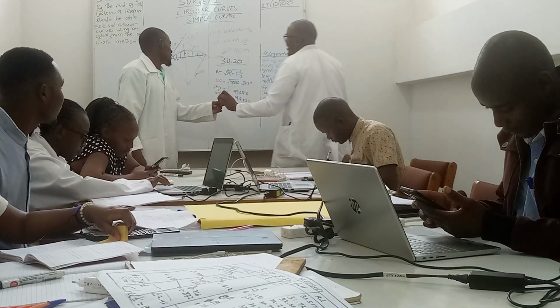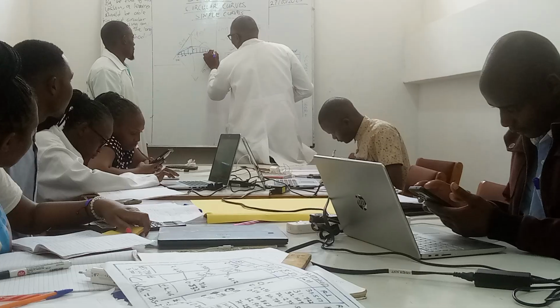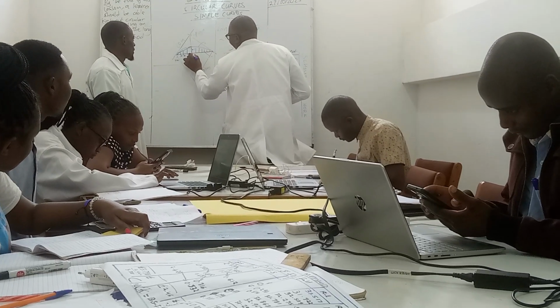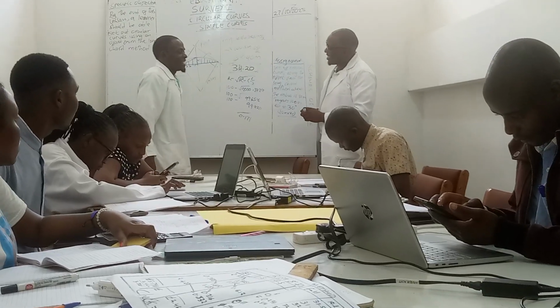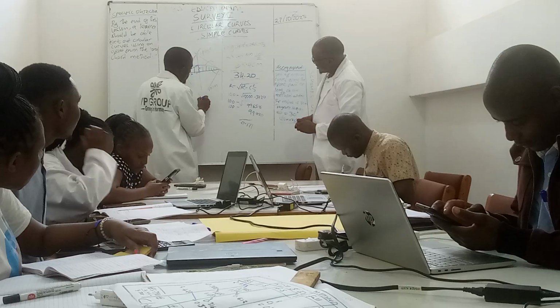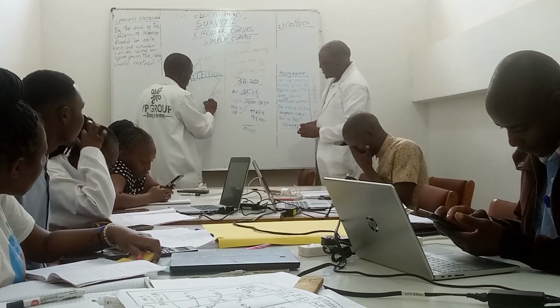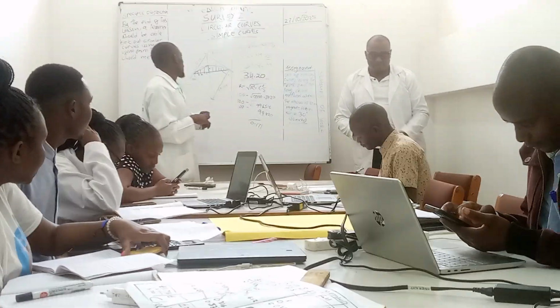The radius of the curve. Is it right? The radius of the curve? No. The radius of the curve is this distance to this distance. This is our radius. Okay? We correct on that.